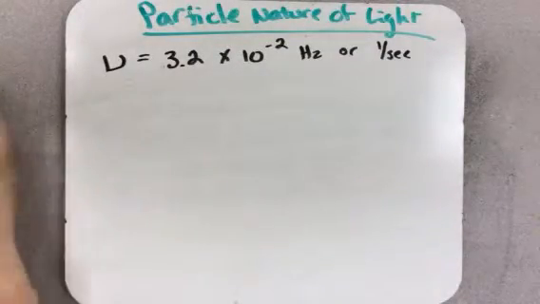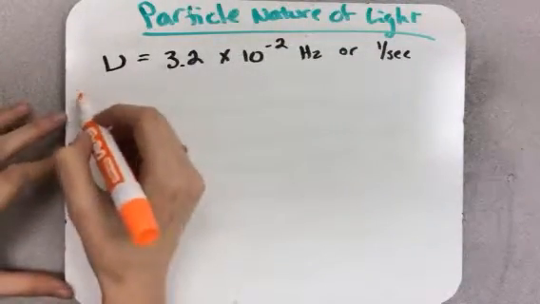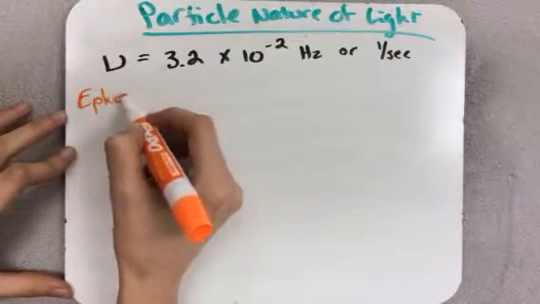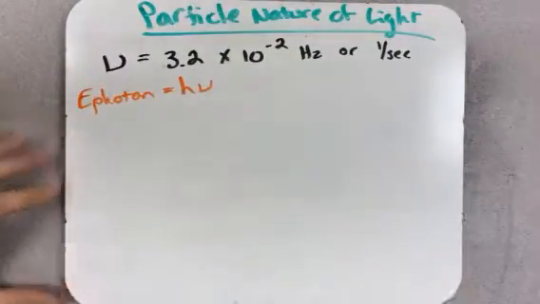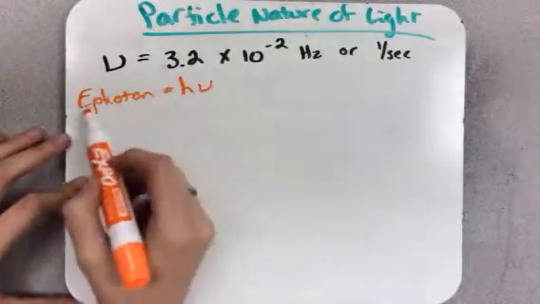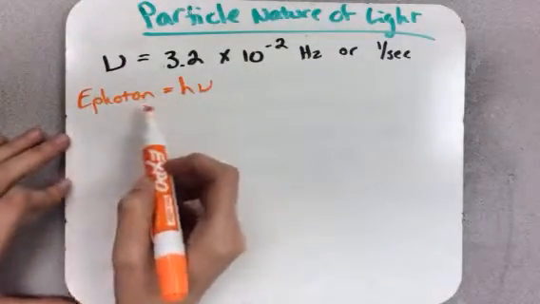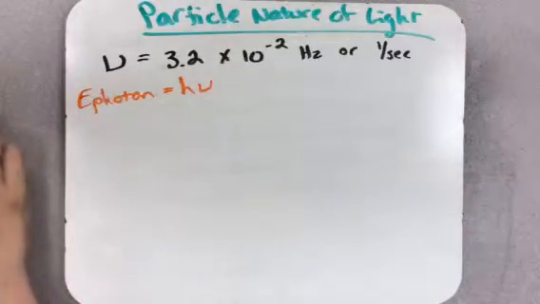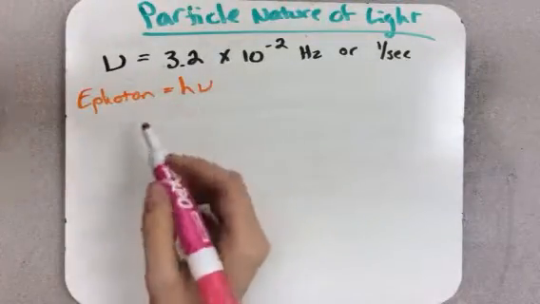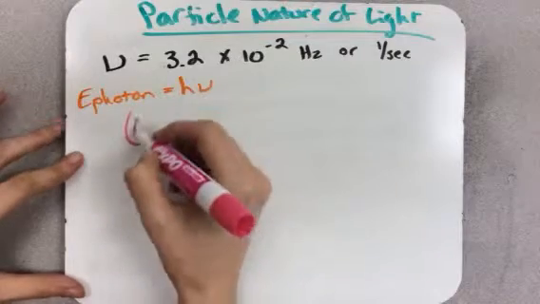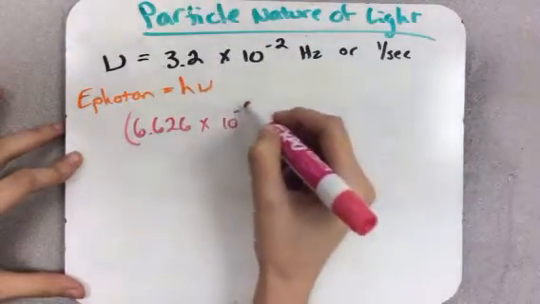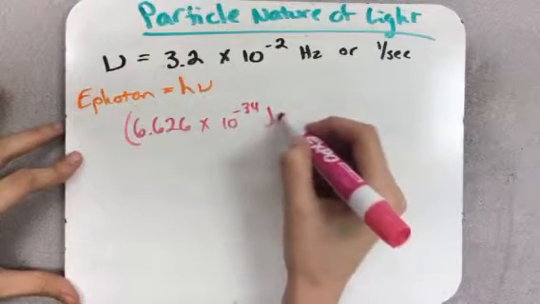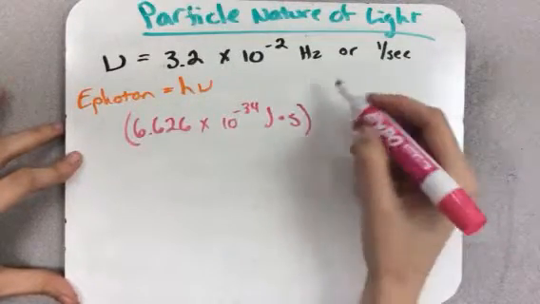And let me rewrite our equation for energy. So energy of the photon equals h times frequency. So if we are trying to find the energy of the photon, we are multiplying Planck's constant times frequency. Planck's constant being 6.626 times 10 to the negative 34 joules times seconds.